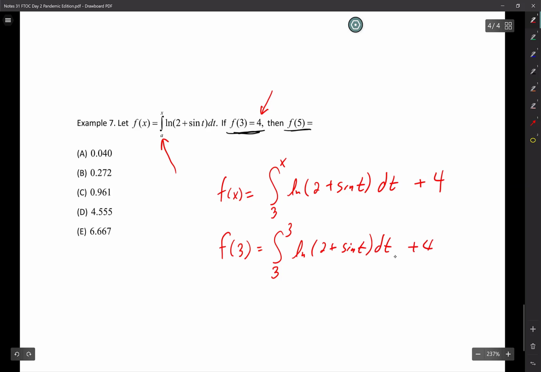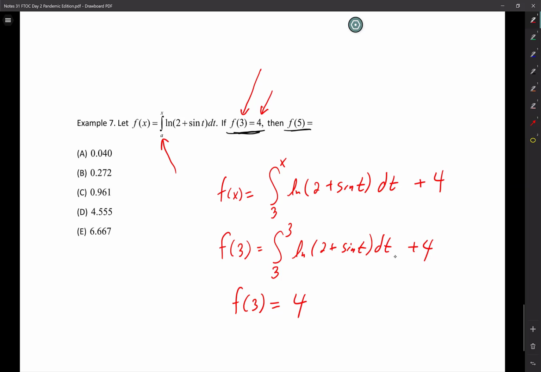Why did I add 4? When x equals 3, what is the output of this function? That's right. Of just the integrand, it's 0. But I don't want it to be 0. When x is 3, I want the output to be what? 4. So there it is.